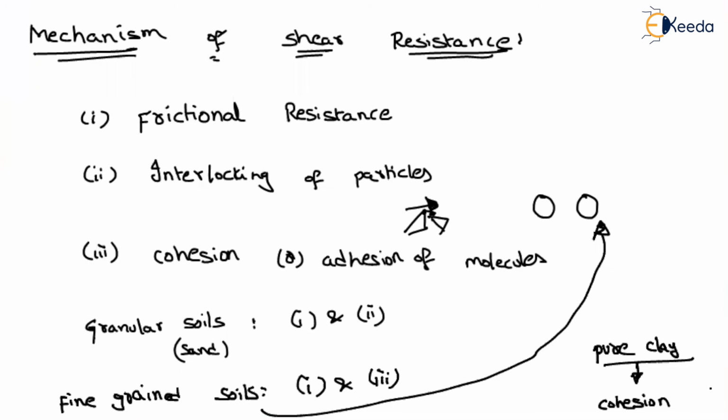For fine grained soils, shear resistance will develop because of friction as well as cohesion, a silty soil for example. But for pure clays, the shear resistance exists only because of the cohesion between the soil particles. Okay, this is the mechanism of shear resistance.